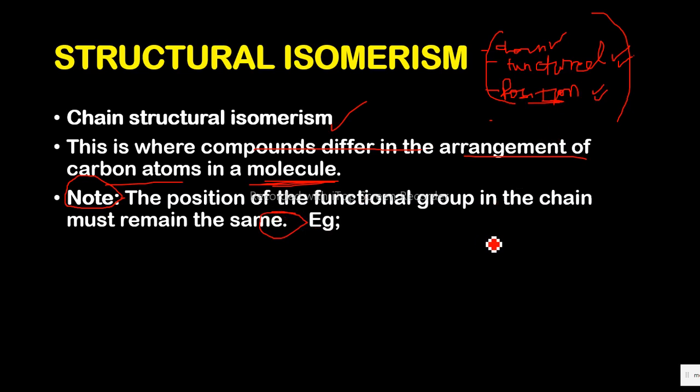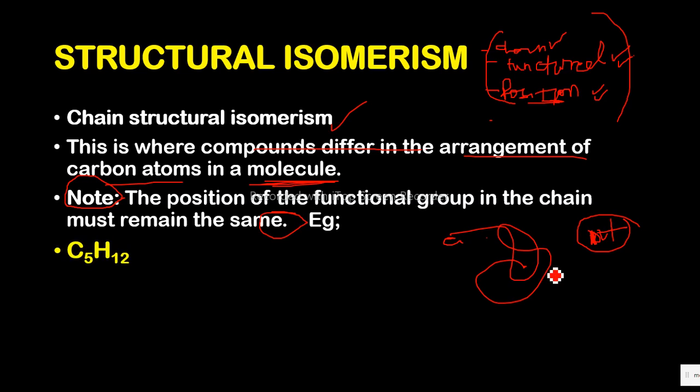For example, if it is an alcohol, you can change the methyl and ethyl groups to form branches, but if the OH is on carbon number 1, then it should remain on carbon number 1. Then you change everything on this side.